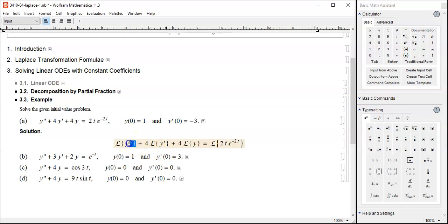Alright, let's begin. This one I'm going to color red. This one I'm going to color blue. And this one I'm going to color green. And this one is going to be just capital Y, so I don't really need any emphasis here. Okay, alright.